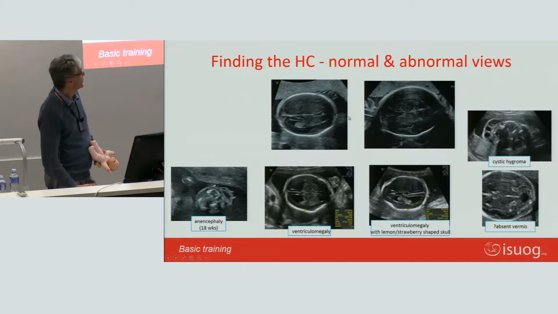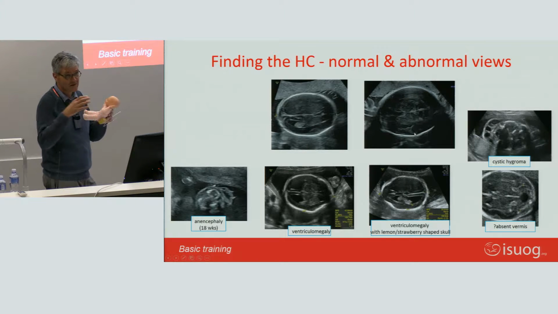And now, with the nice normal-looking head diameter here early on in gestation, and there you see the same head circumference later on in gestation. And why is this later in gestation? Why is that later than this? It's equal size, so we can't use size to guide us.